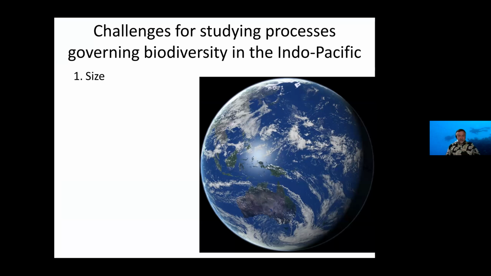All right, so again, just to outline the problem in a little bit more detail, the size of the Indo-Pacific is a huge problem. It's an opportunity, but it's also a problem in terms of how you sample. If you want to understand the phylogeography of a single species, how do you sample across its entire range without getting a huge grant and flying all over the place?